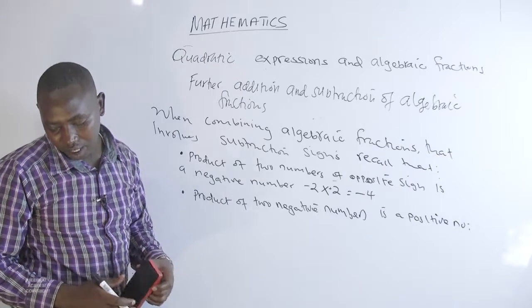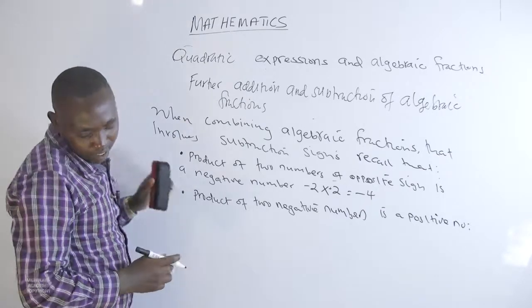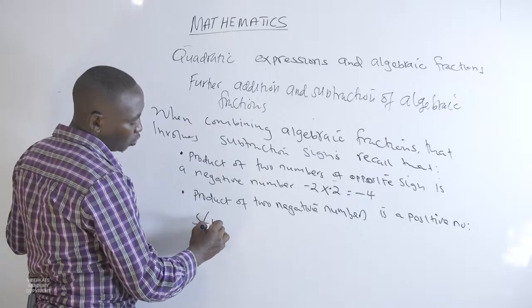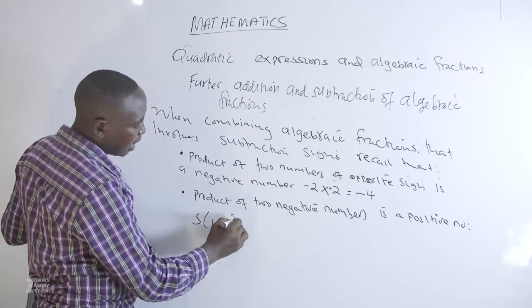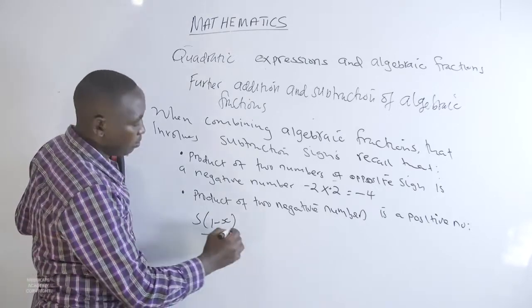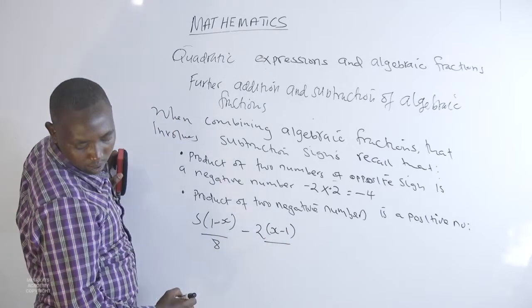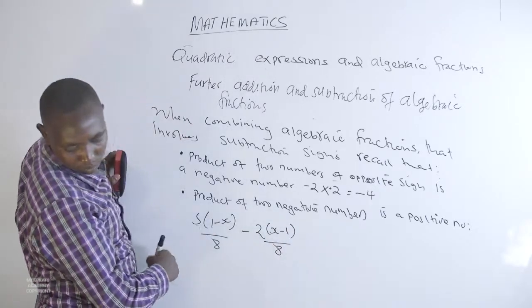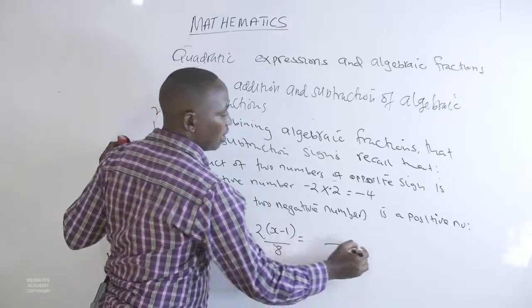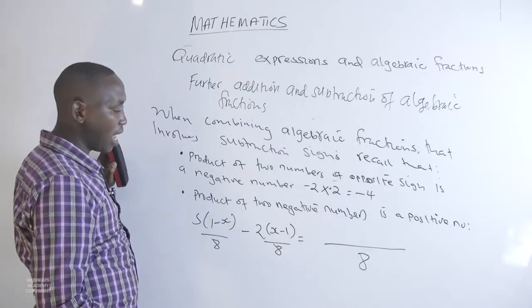For example, if we have 5 into 1 subtract x all over 8 minus 2 into x subtract 1 all over 8. We understand that the LCD of 8 and 8 is simply 8.